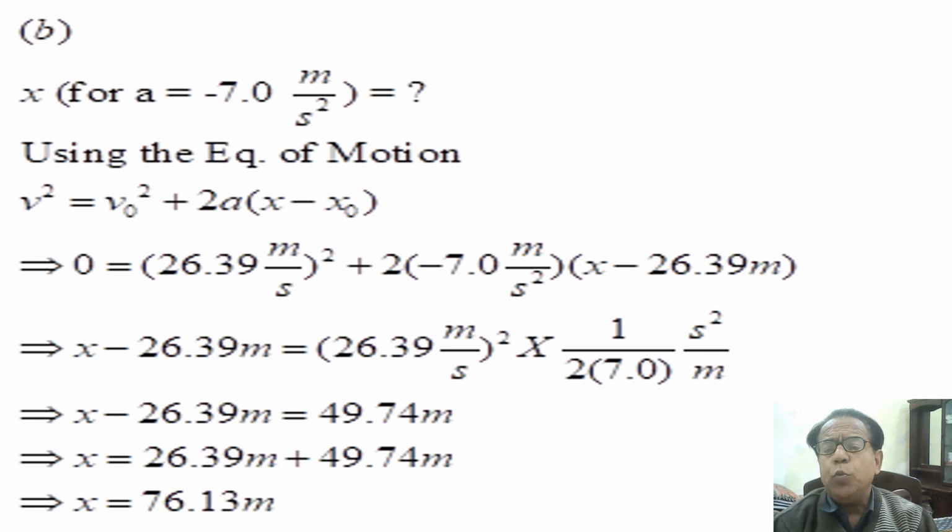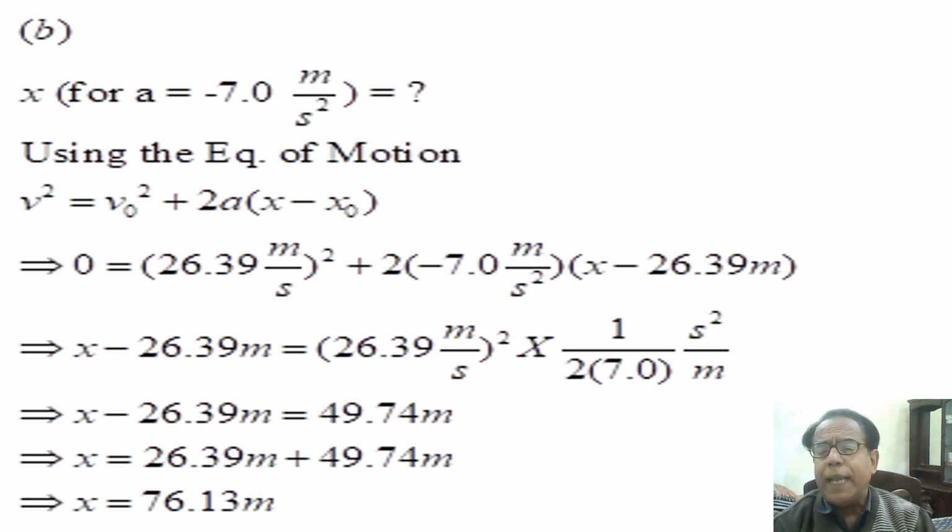This is going to be determined using the equation of motion: square of final velocity is equal to square of initial velocity plus 2a into x minus x naught. This implies that 0 is equal to 26.39 meter per second whole square plus 2 into minus 7.0 meter per second square into x minus 26.39 meter.